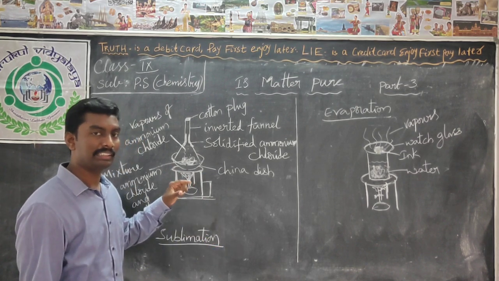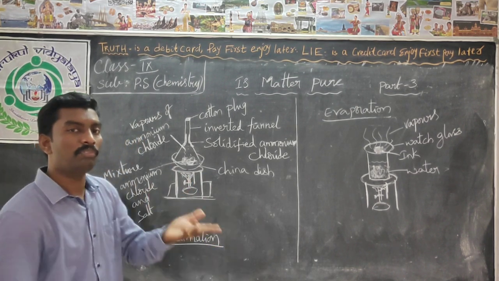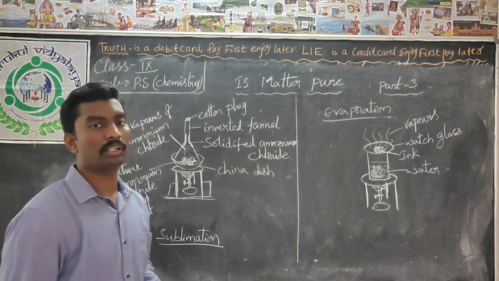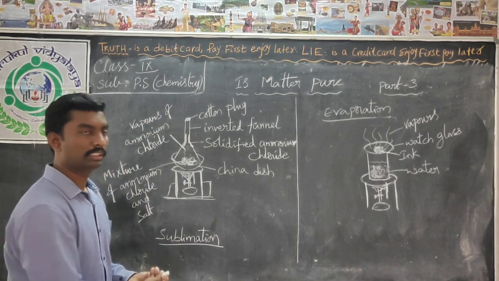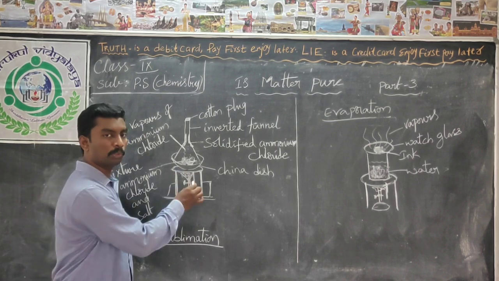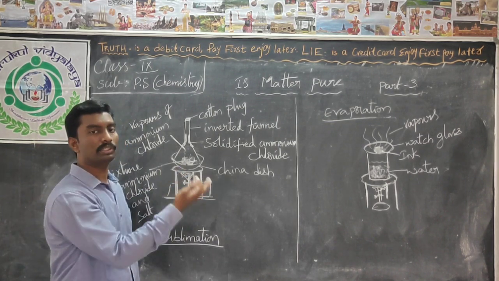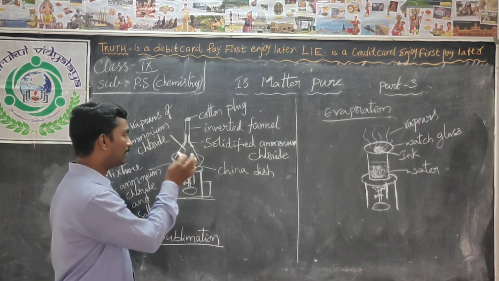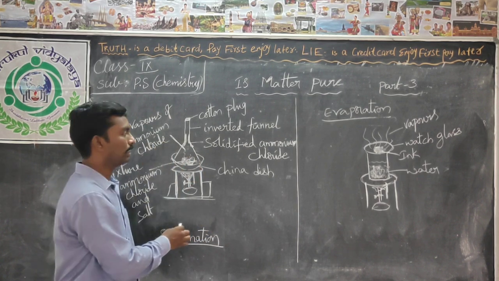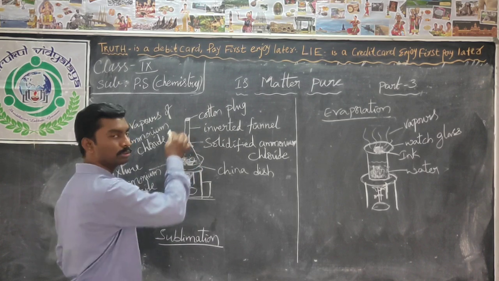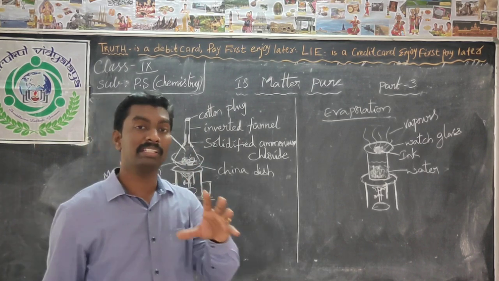That means the solid is converting directly into gas. That process is called sublimation. So here sublimation is taking place. The solid ammonium chloride slowly converts into the gaseous form, and those ammonium chloride vapors will rise up through the inverted funnel.